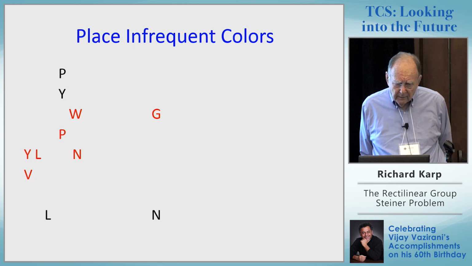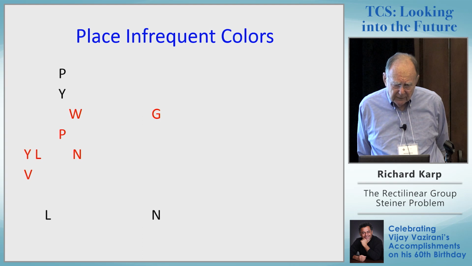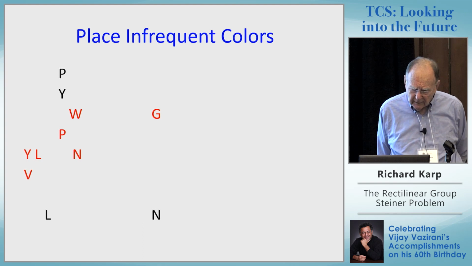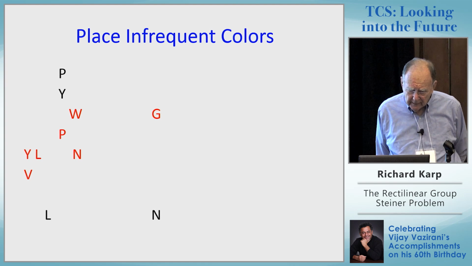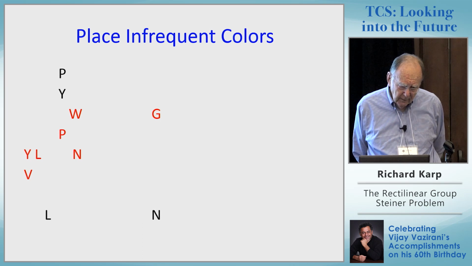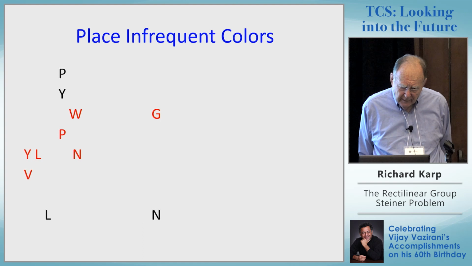And a search tailored to the case where the number of colors is small reveals that the best solution that can be obtained for placing those colors is the one shown in red. It minimizes the total number of additional cells that have to be added. That number is called the gap.